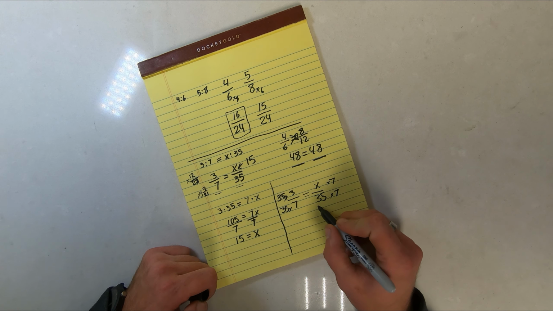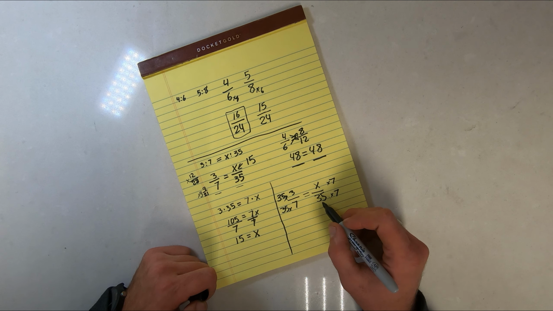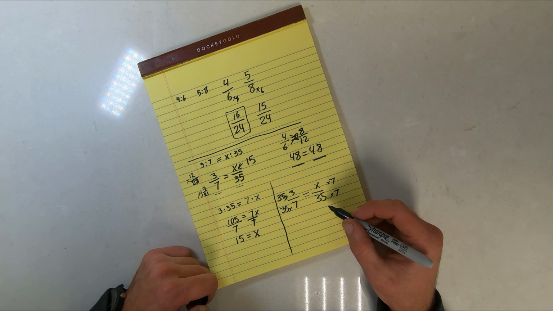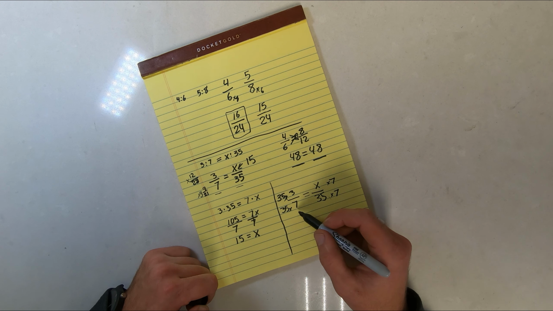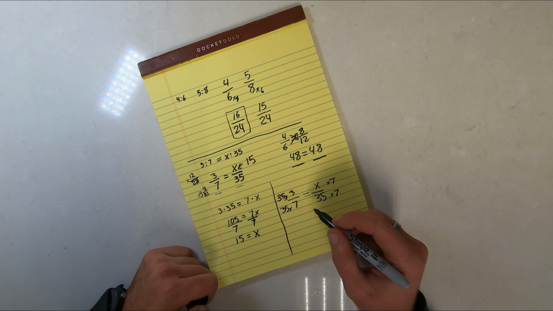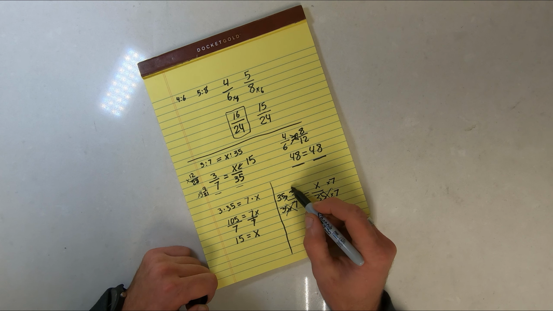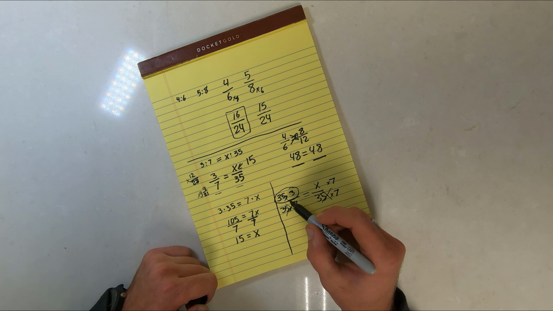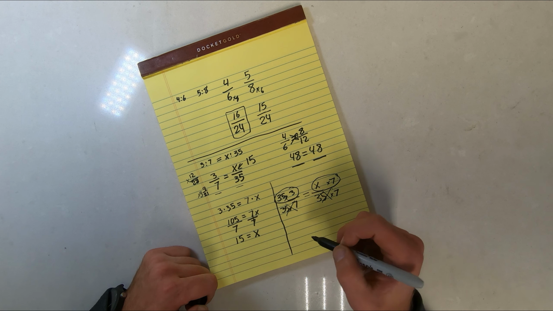As you can see, the denominators are now the same. On this side we have 35 times 7, and on this side we have 35 times 7. Because the denominators are the same, we know that the numerators are the same. So we can just forget about the denominators and focus on the numerators. The numerator here is 35 times 3, and the numerator here is x times 7.